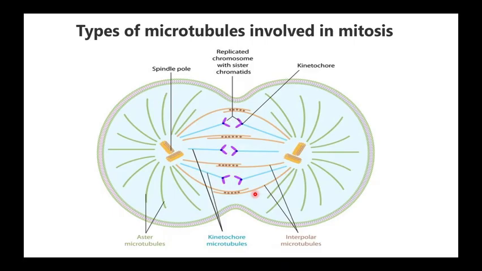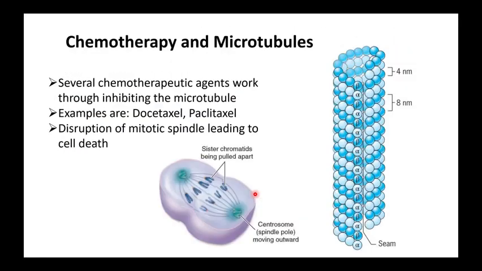Microtubule. If you block the assembly of microtubules, would these chromatids move? They can't get separated. They can get duplicated, but can't separate. If they can't separate, the new cell won't be formed. That's why some of the anti-cancer drugs are anti-tubulin. They are tubulin polymerization inhibitors. They inhibit the polymerization.